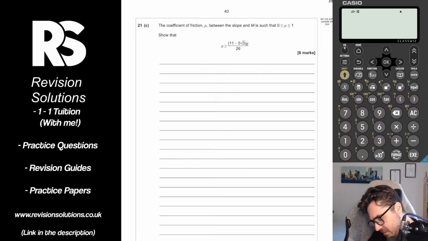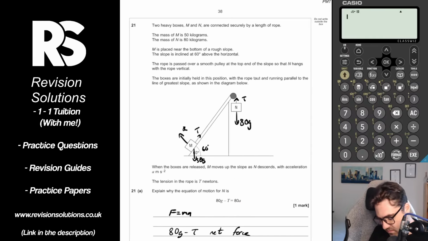Then it says the coefficient of friction mu between the slope and m is such that mu is between 0 and 1, inclusive. Show that a must be greater than or equal to this. Okay, so we have to think about the acceleration. To get that, we're going to need to consider the equation we had before for acceleration, as well as the motion of m. So there's a frictional force acting on m as well.